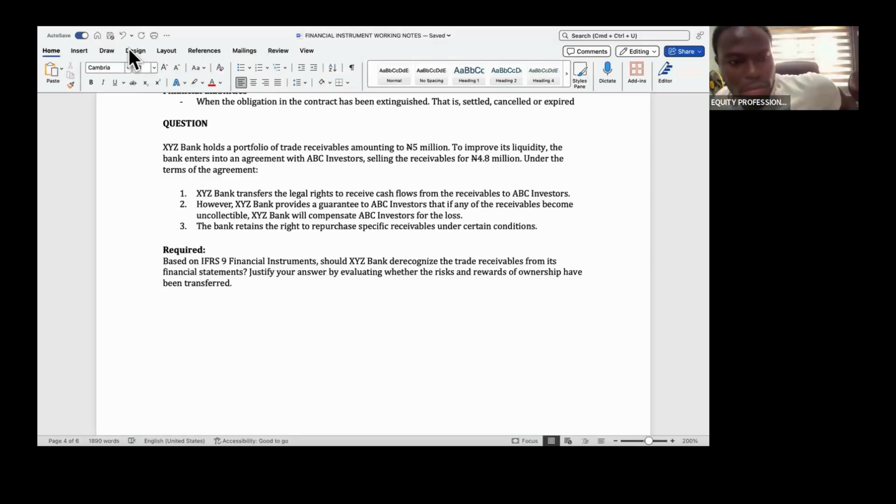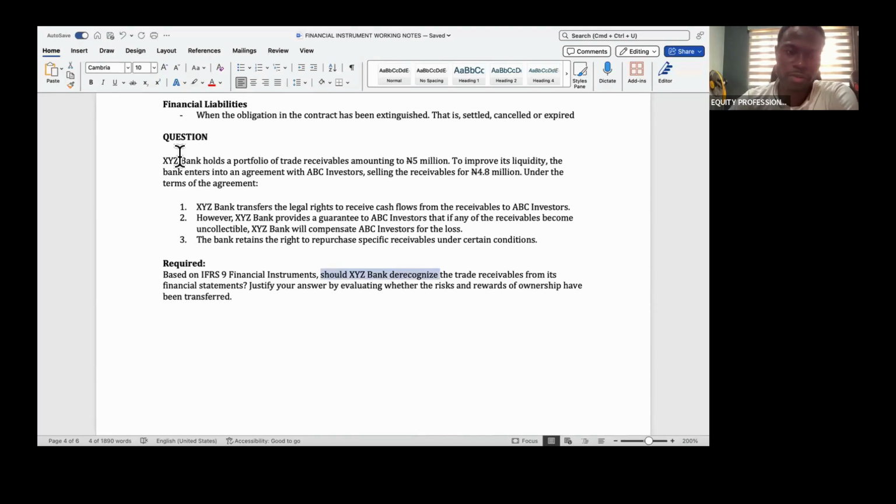Okay. The question says that based on IFRS 9 Financial Instruments, should XYZ Bank derecognize the trade receivables from its financial statement? And justify your answer.